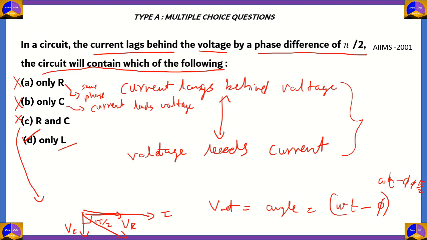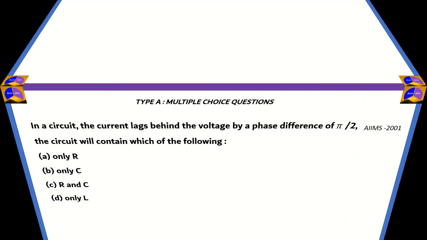So if we have an AC circuit with only an inductor, then the voltage leads the current. This is the diagram for it. VL leads the current. This is the diagram for an inductor. And therefore, we can conclude that option D, only L, is the right option.